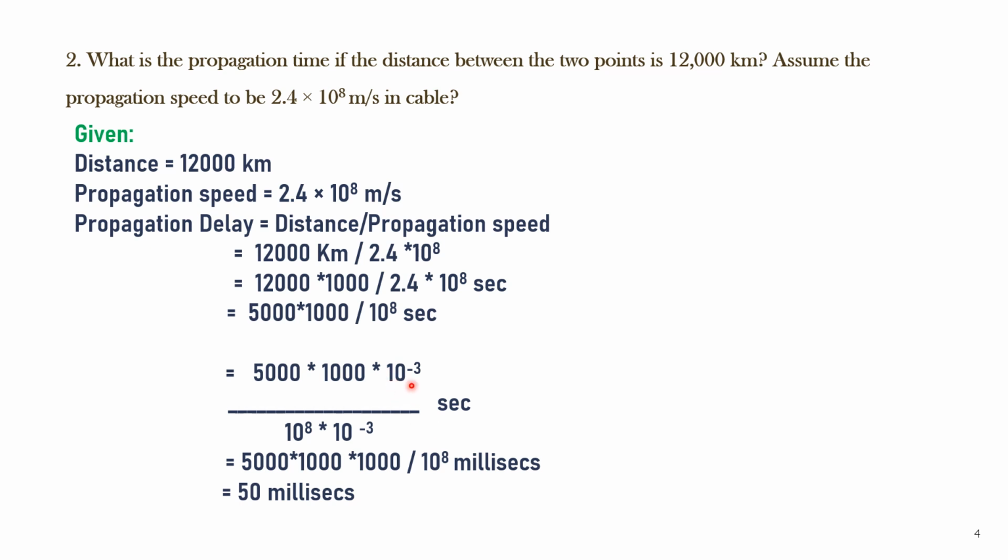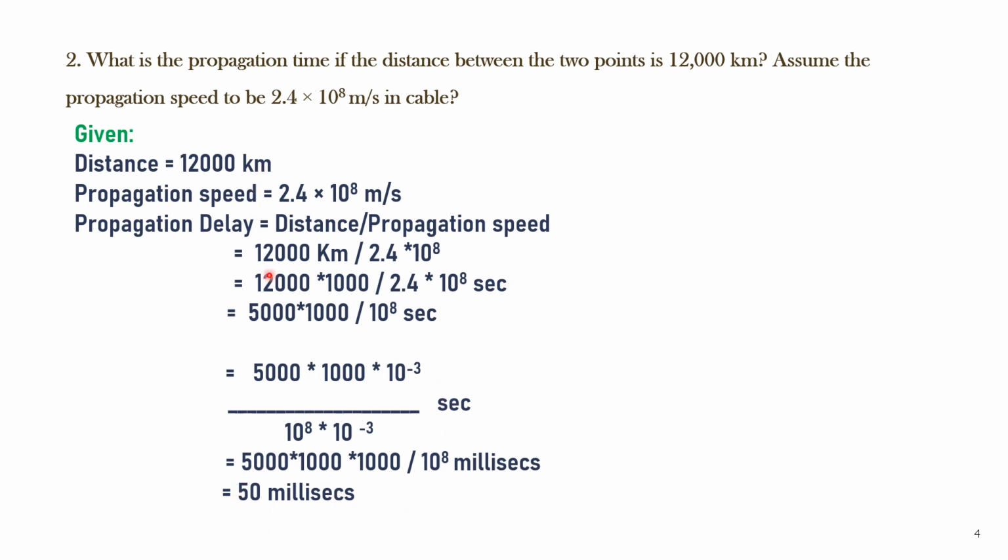So the numerator, 5000 into 1000 into 10 to the power of minus 3, can now be represented in terms of milliseconds. The 10 to the power of minus 3, brought up, becomes 10 to the power of plus 3, which is nothing but this 1000. Divided by, in the denominator, 10 to the power of 8 milliseconds. When you divide it, you will finally get the answer as 50 milliseconds.